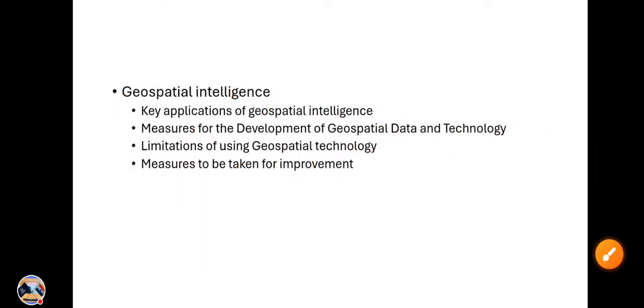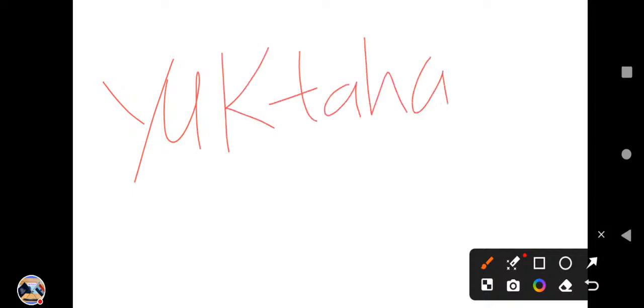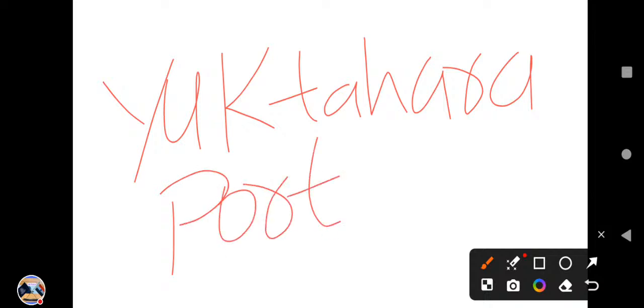Okay, and Yuktdhara portal. This Yuktdhara portal serves as a repository of geotagged assets created under various national rural development programs, including MGNREGA, Per Drop More Crop Program, Integrated Watershed Management Program, Rashtriya Krishi Vikas Yojana.